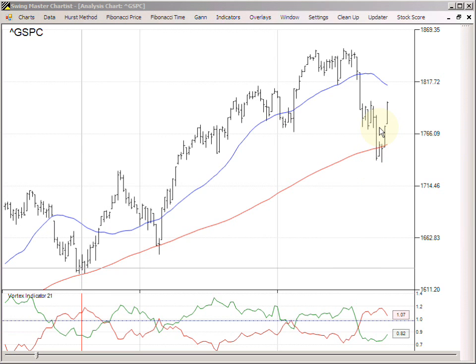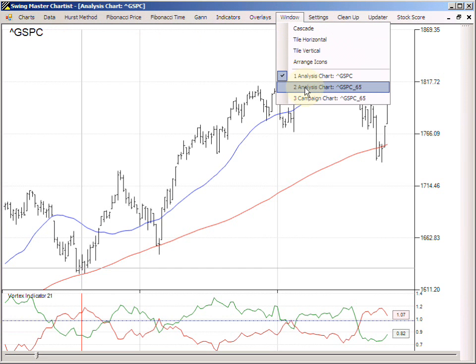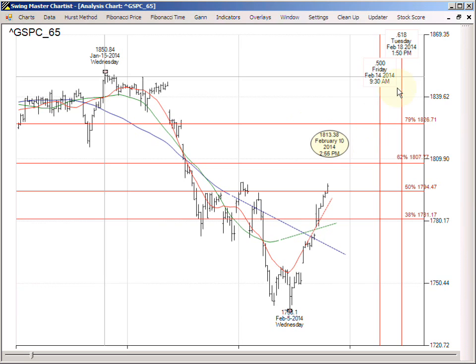We have a counter trend wave 2 in progress, and we're looking for a short trade setup that we anticipate will happen, or is likely to happen, between, well, as early as Friday, February 14th, and possibly as late as March 11th, at a price somewhere between 1807 and 1826 in the S&P 500.